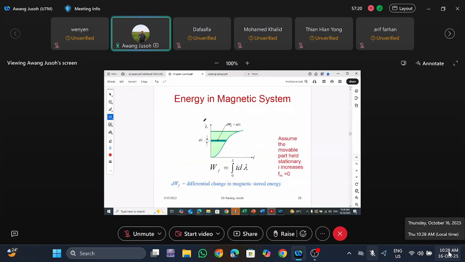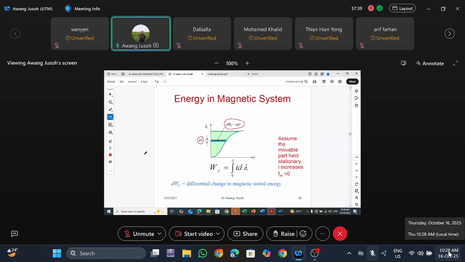This is lambda versus I. The area here represents d lambda, the change of d lambda. Here the distance from here to here is lambda 1 minus lambda 2, or d lambda, and the shaded area represents this one.